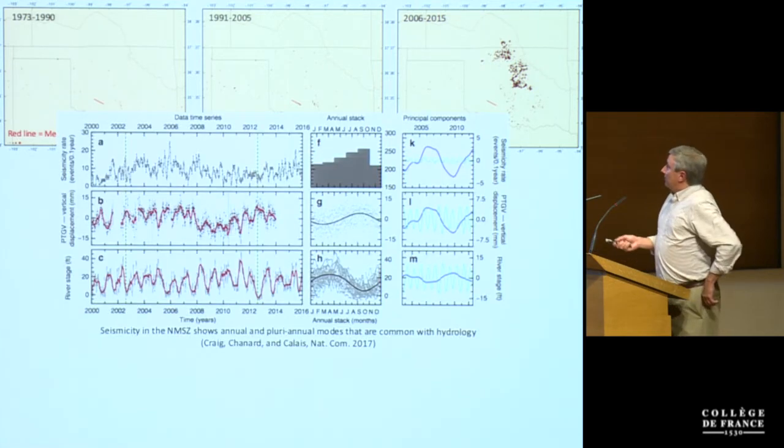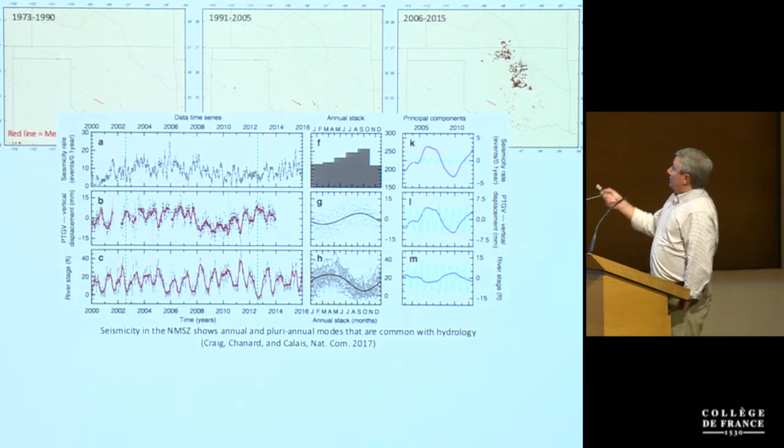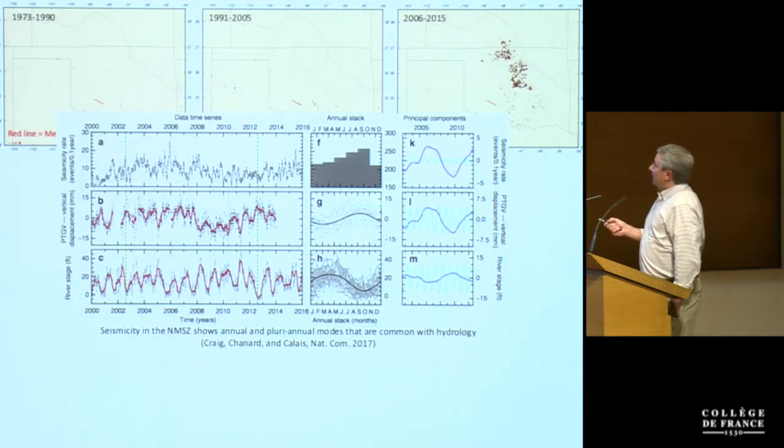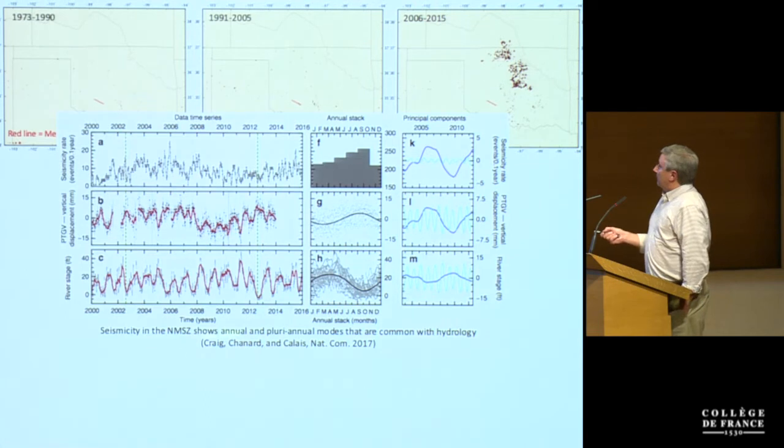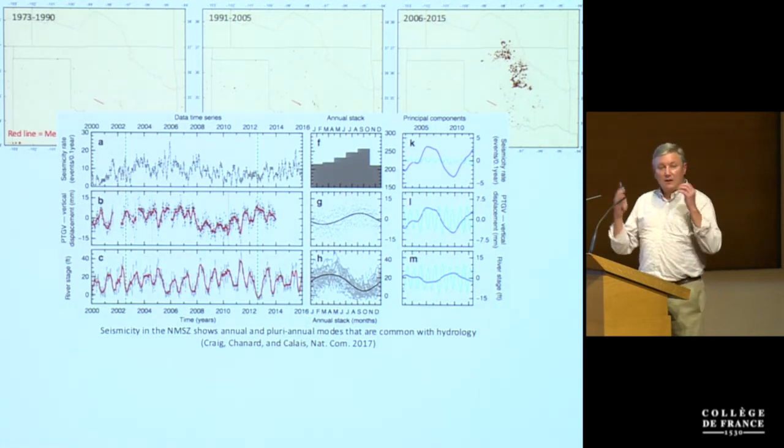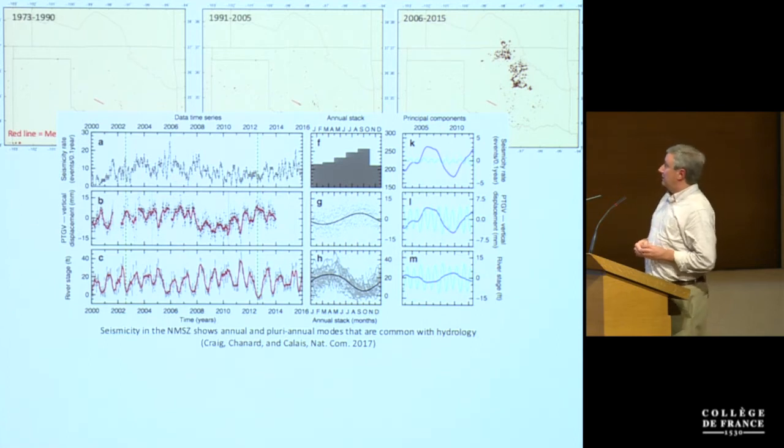This is another example in the New Madrid, so we're going to the north of this area. Please go and read this paper because it's a bit complicated to explain in a short amount of time, but what we've done here, we've looked at the seismic catalog over 16 years, during which the seismic network had not changed very much, and the completeness magnitude was pretty much constant.